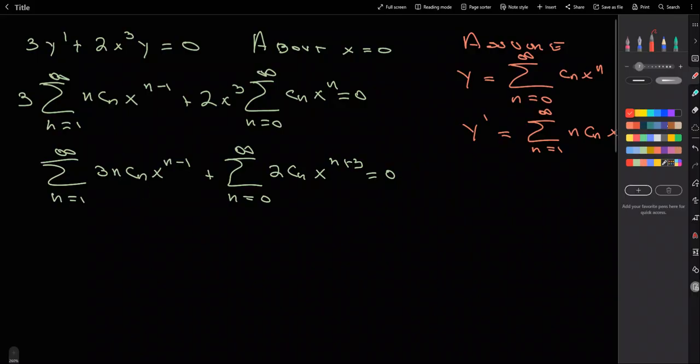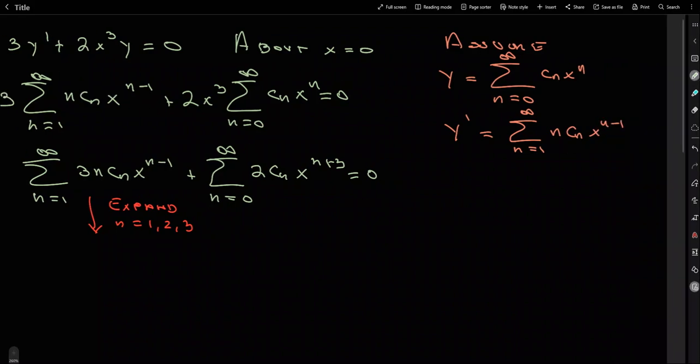So for this, we're going to expand n equals 1, 2, and 3, and then start the series at 4. Subtracting 4, that's going to take us back to n equals 0 as a starting index later. So first of all, let's expand the terms of the series.